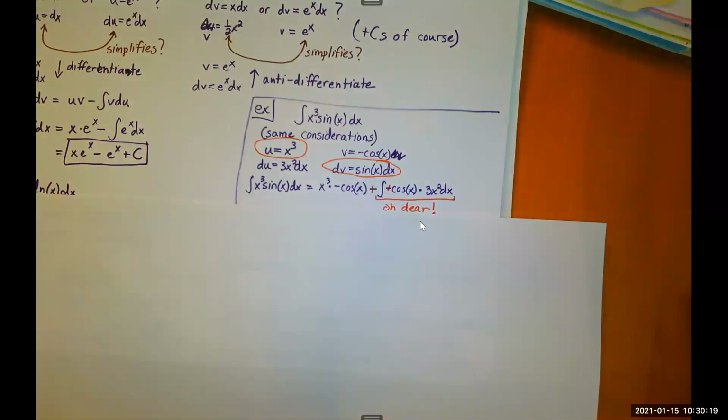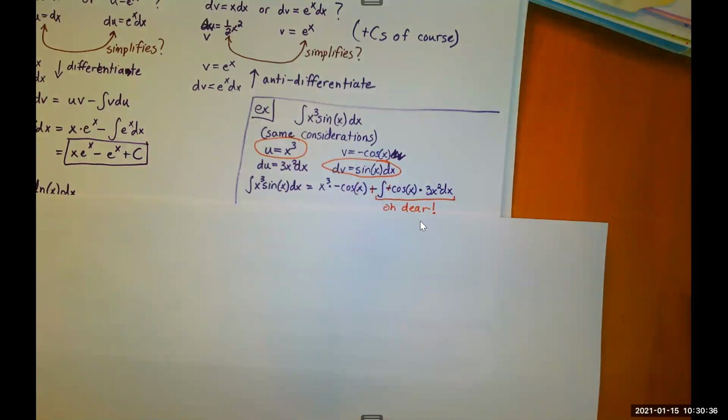I have uv, x cubed times negative cosine of x, minus the antiderivative of negative cosine of x times 3x squared dx, which is a problem because that's an antiderivative that's not on my list.